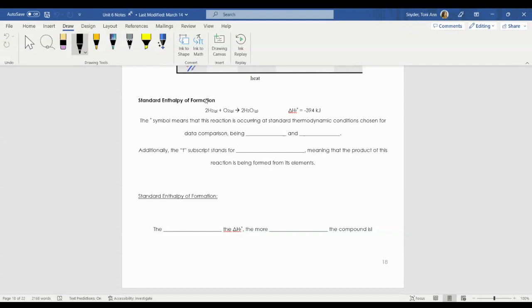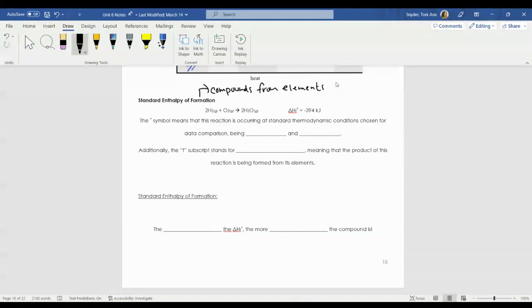So if you think of forming something, we're forming something new from what was previously there. And in this case, we're going to be forming generally new compounds from their elements for the most part. So how much energy is required to form a compound from its elements?